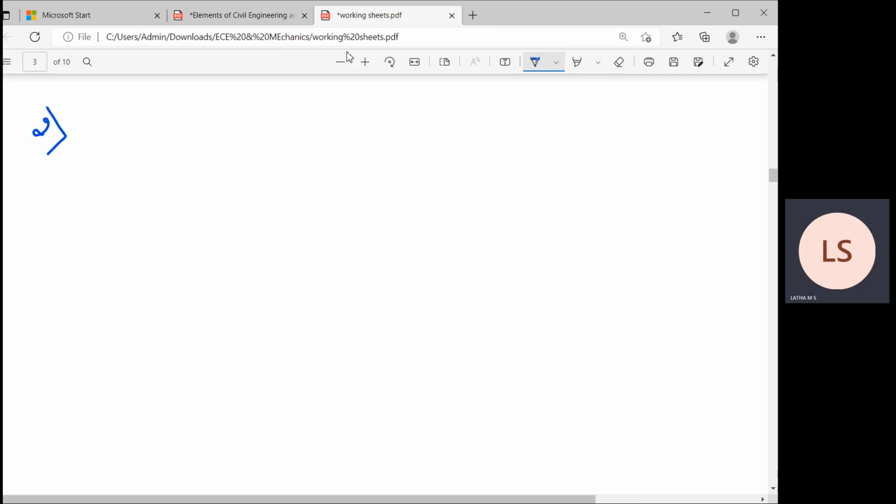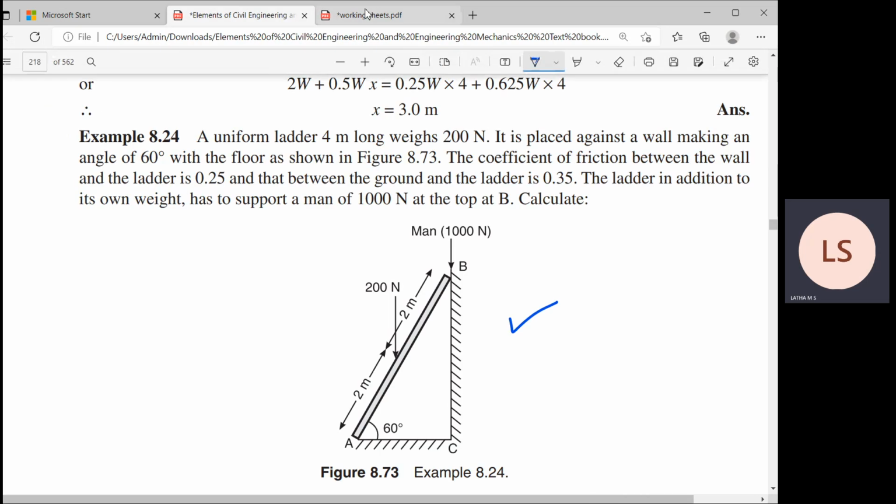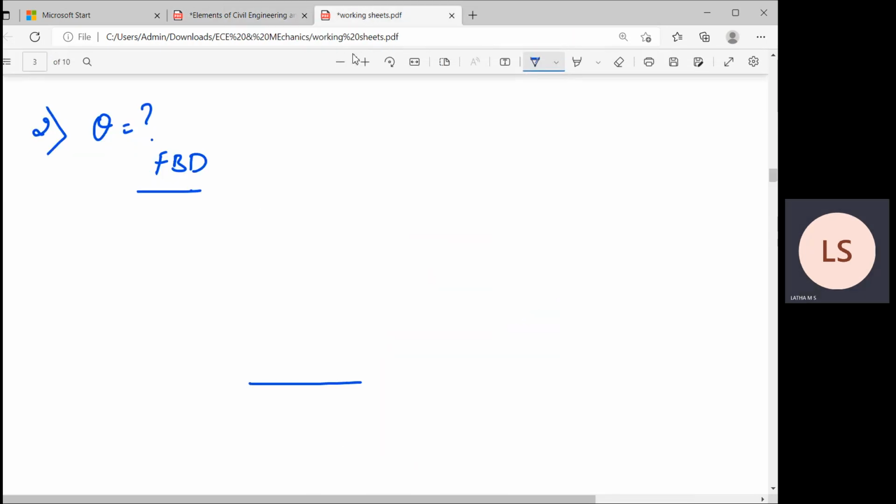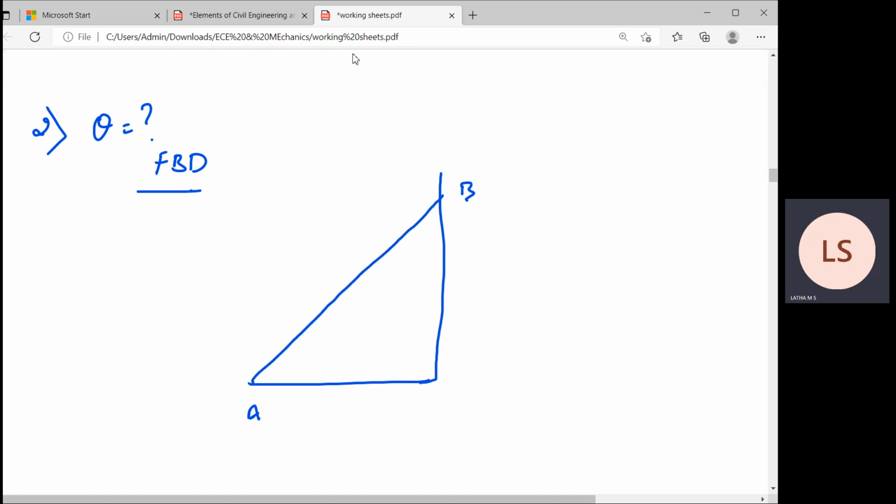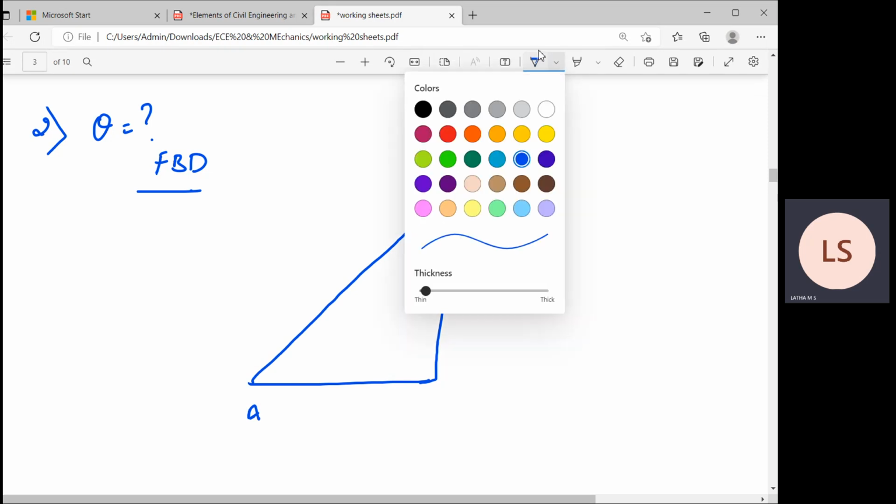So coming to the second part of the unknown, to find the value of theta such that there should not be any slip, we'll draw the free body diagram of the ladder. We'll take the same ladder as A and B. A is the ground point, B is the point at the wall, and this is the ladder.